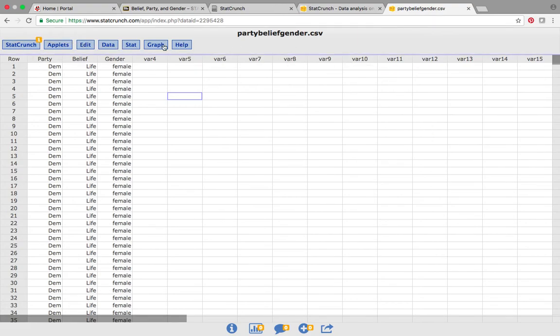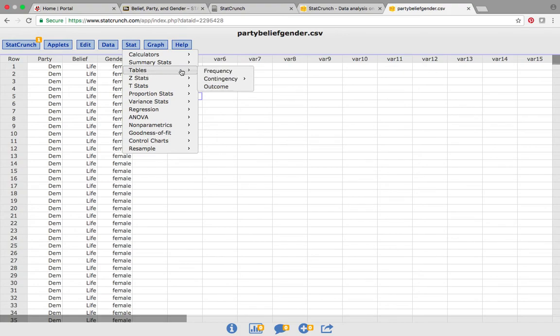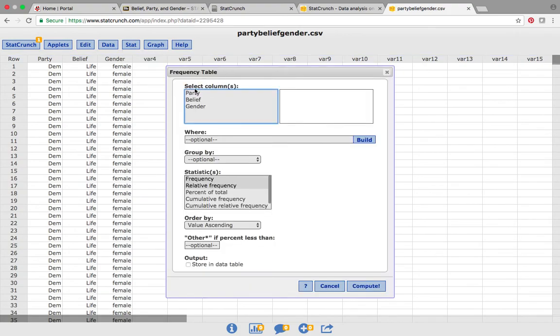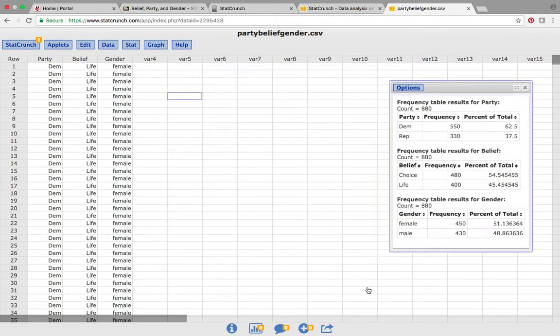I also may want to look at the other variables, and it turns out that I can go to frequency and include all the variables. And I can come here and just look at frequency and percent of total and hit compute.